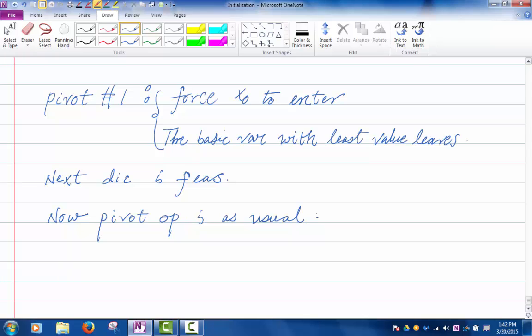Okay, so isolate the entering variable. Now I'm talking about any of the dictionaries. So, given any dictionary, you pick an entering variable. I'm not talking about x0. Pick an entering variable. Pick a leaving variable. Then what do you do? Look at the equation for the leaving variable.